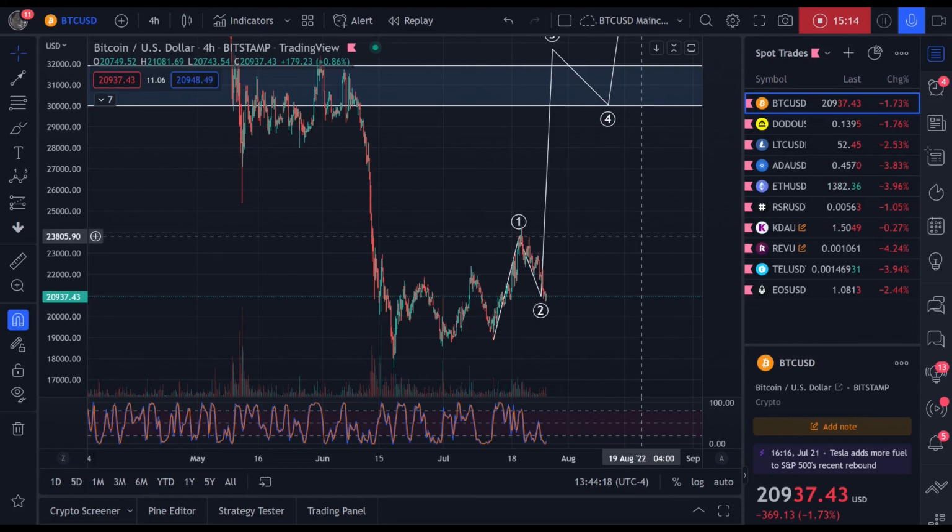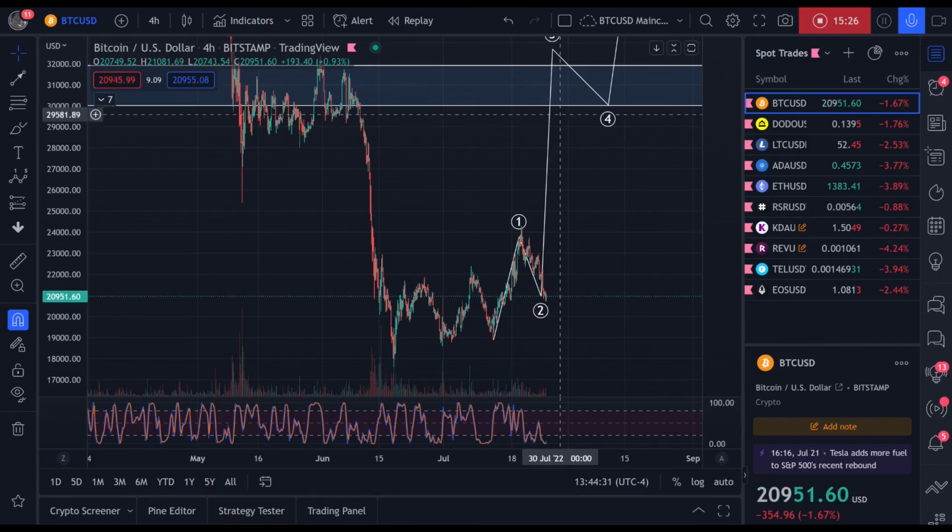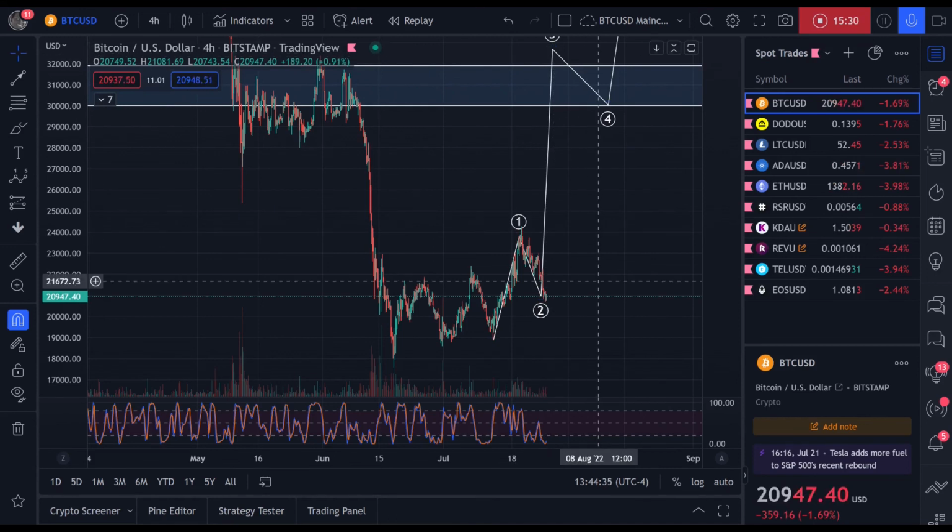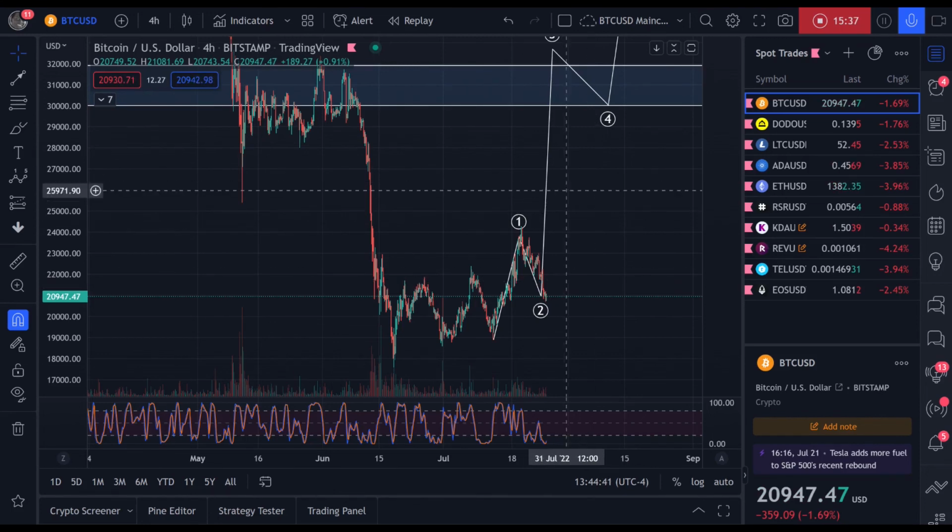I still think there's time for that. We're running out of time because we're already the 26th, but in the afternoon, Eastern Standard Time of the 28th, we should reach a top thereabouts, which means that if we do have another move up, it may be a really violent, fast move up that takes 2 to 3 days. And that would be consistent with the moon phases.